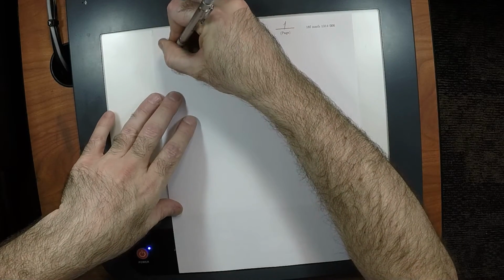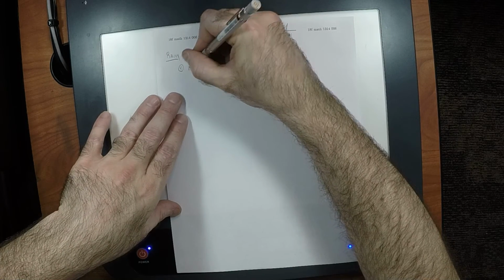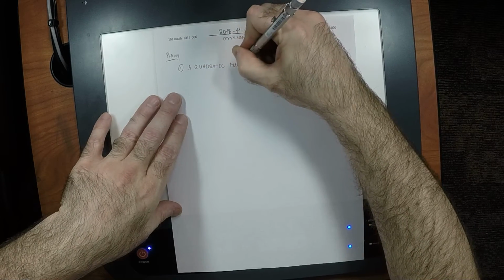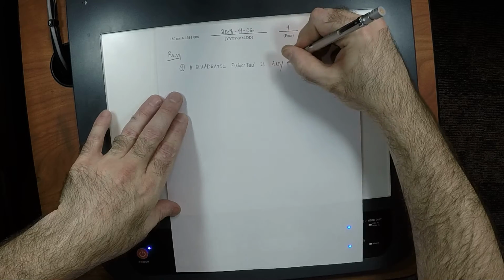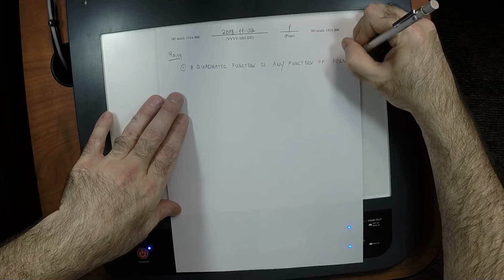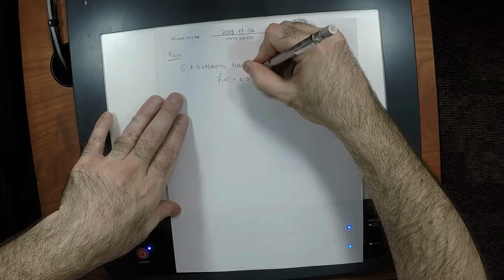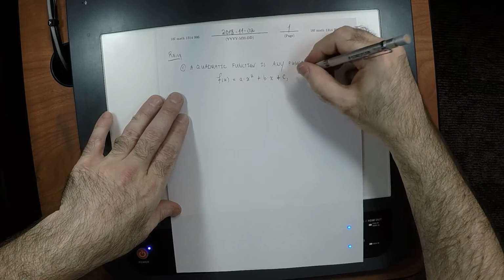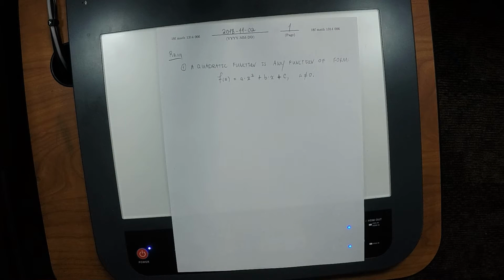So in the first place, a quadratic function is any function of the form f of x is a multiplied by x squared plus b x plus c, and we have one requirement, that a is non-zero. So we need a to be non-zero.